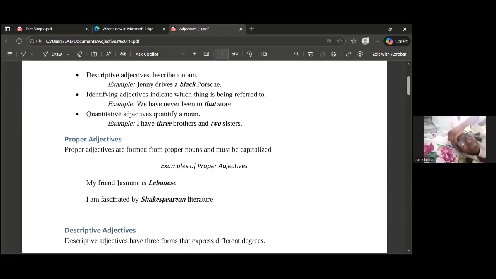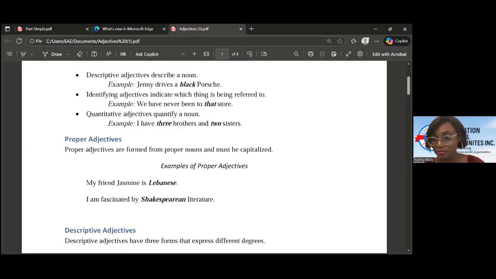No. Okay, Marie doesn't love Chinese food. So Chinese is the adjective in the sentence because it describes the food. Kadiatu loves Korean movies. It's just an example. I'm not saying that you love Korean movies. So Korean is an adjective because it describes movies.